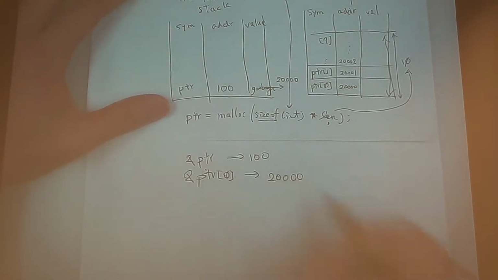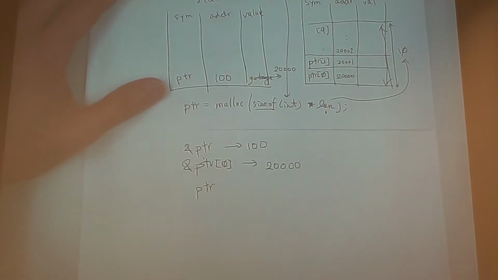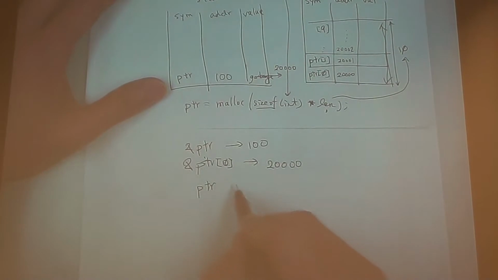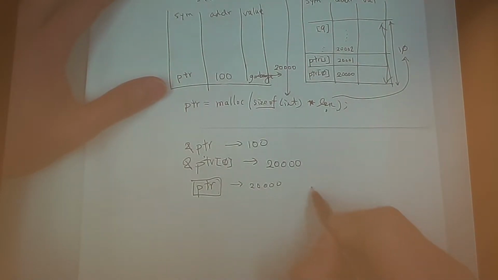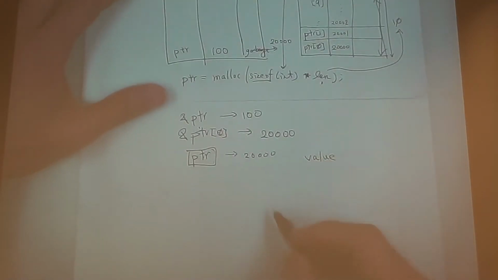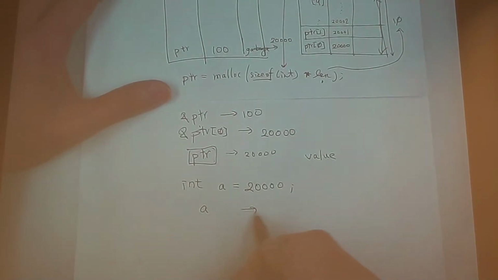What if we just do PTR? If you do PTR, what do you get? 20,000. When you do PTR, what are you asking? The value. Just like, think about if you do integer A is 20,000, and then you say A. What is A? 20,000.